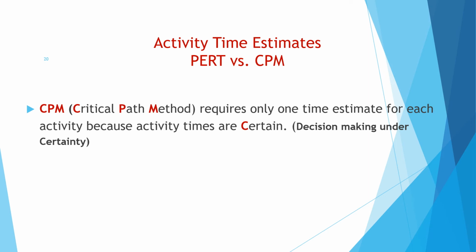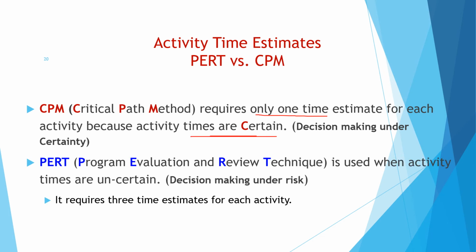In the critical path method, there is one time estimate for each activity because the activity time is certain, that is decision making under certainty. But when it comes to PERT, the activity time is uncertain, that means decision making under risk. PERT differs from CPM in the way times are calculated for activities.